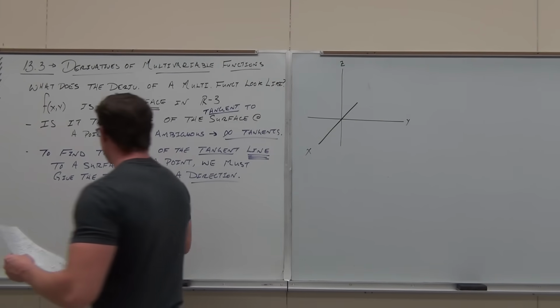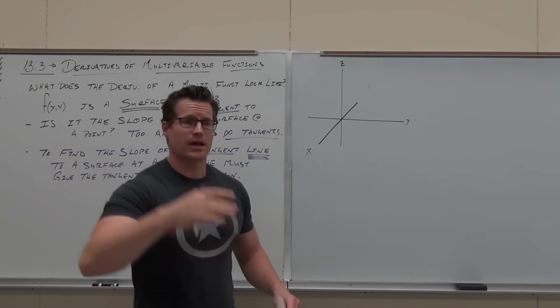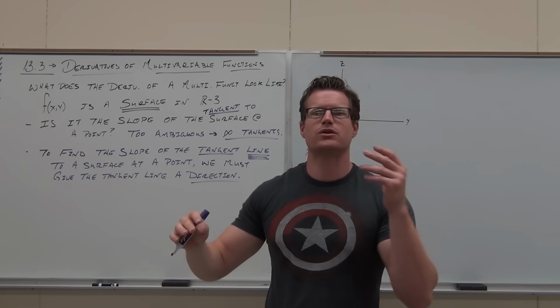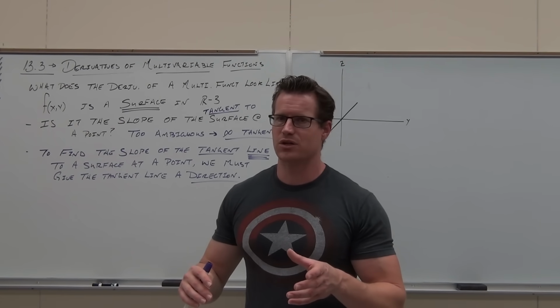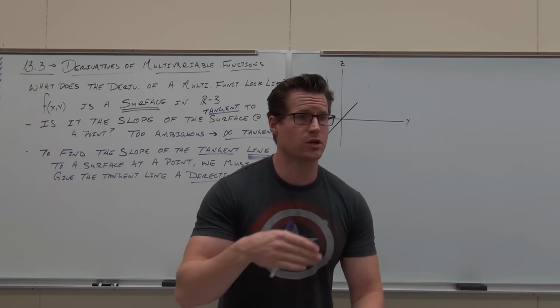So anyway, to find the slope of the tangent line to a surface at a point, we gotta give the tangent line a direction. We're not gonna give it a general direction. That's called a directional derivative. We get it later. Right now, we restrict our direction to the x direction or the y direction. That's the two that we're gonna talk about.